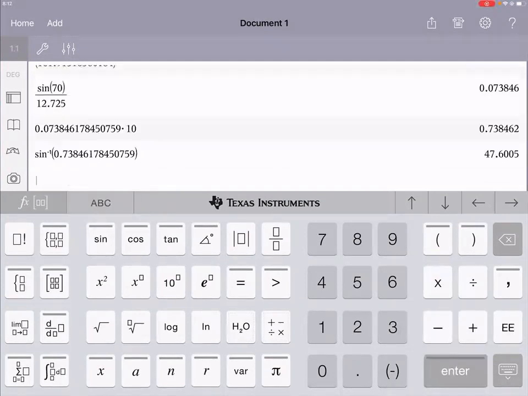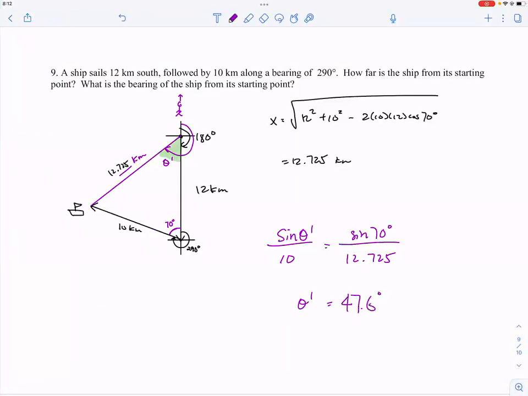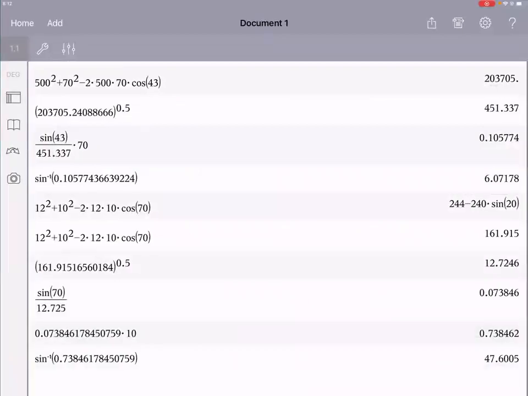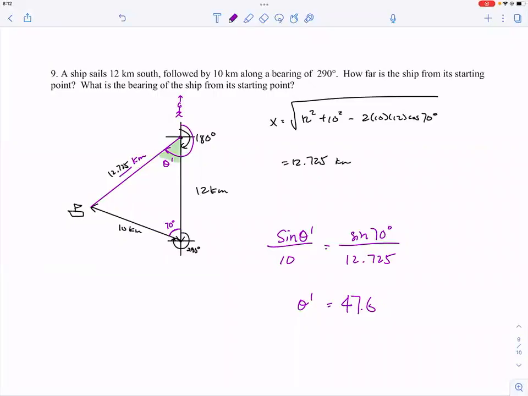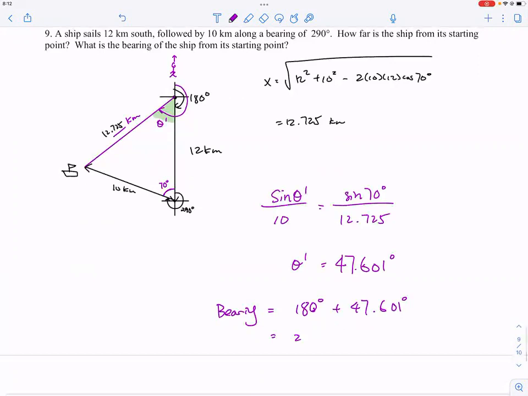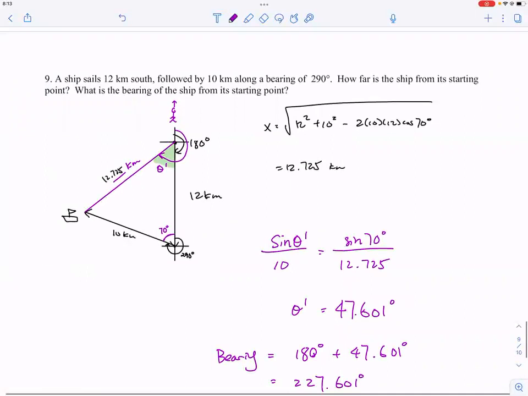That turns out to be 47.601 degrees. And then for the actual bearing, it will be 180 degrees plus 47.601 degrees, which gives you 227.601 degrees. So that's it.